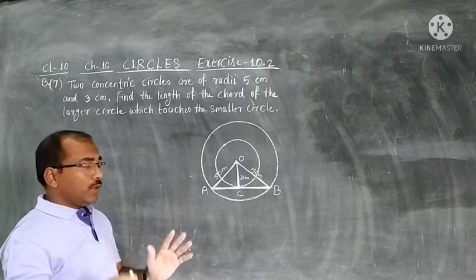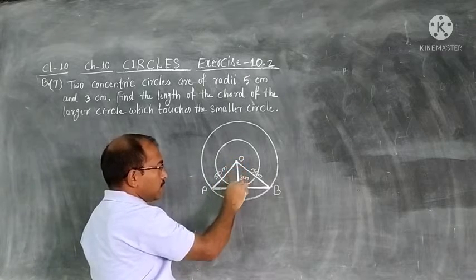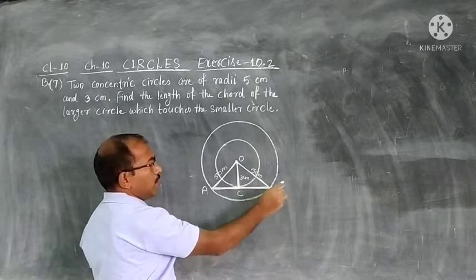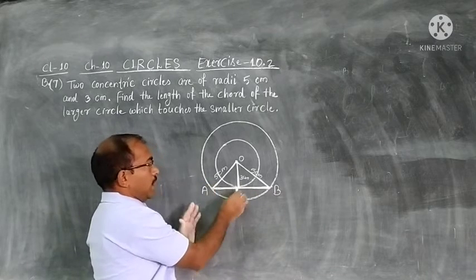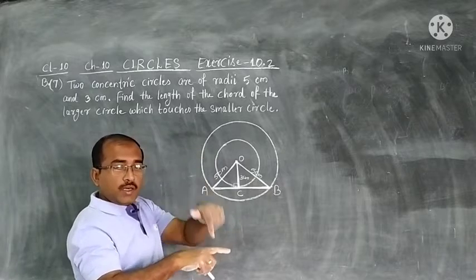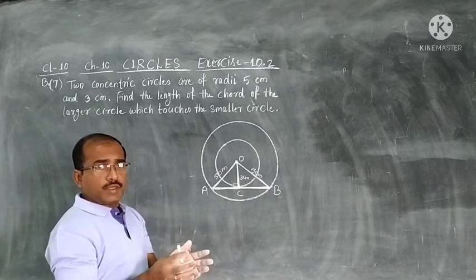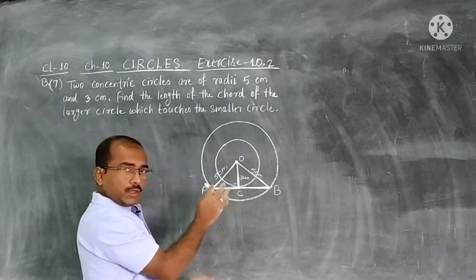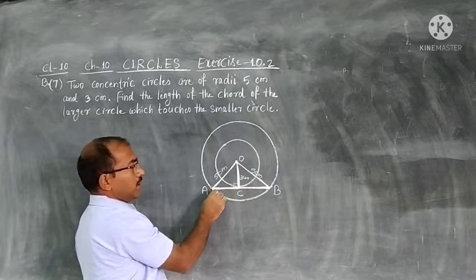What we know is that if a line is joined from the center to the point of contact, the chord will be bisected, this will be half. And it will be a 90-degree angle also, because tangent and radius are perpendicular to each other. We know all these properties, and we see that they can be used, and this is now a right angle triangle.